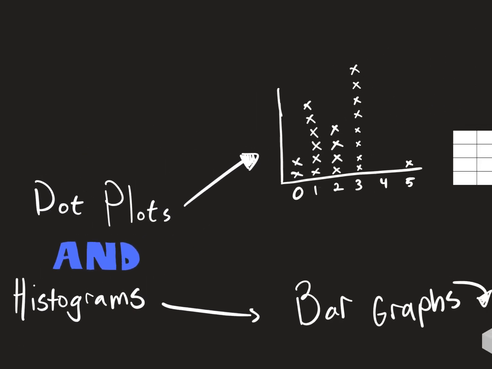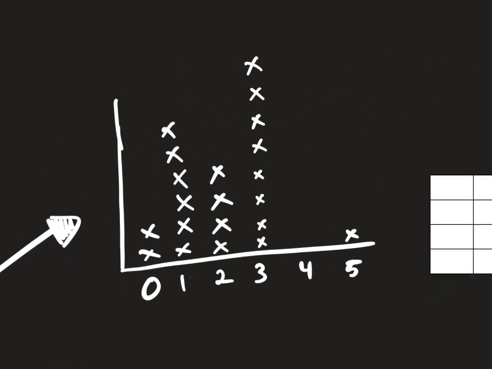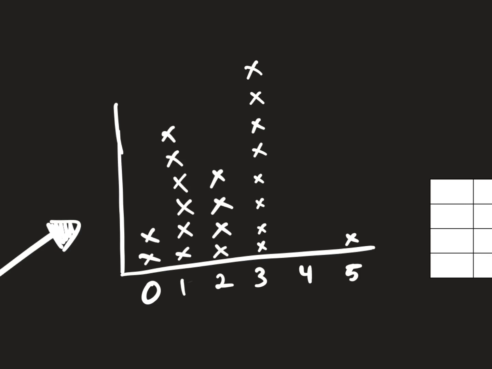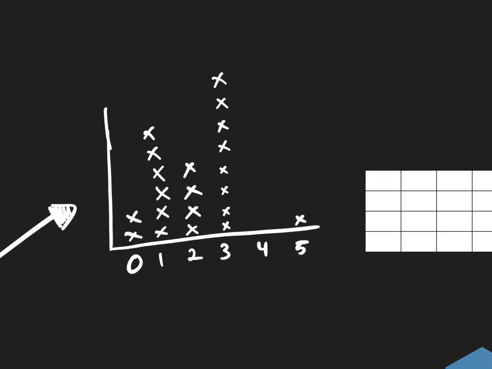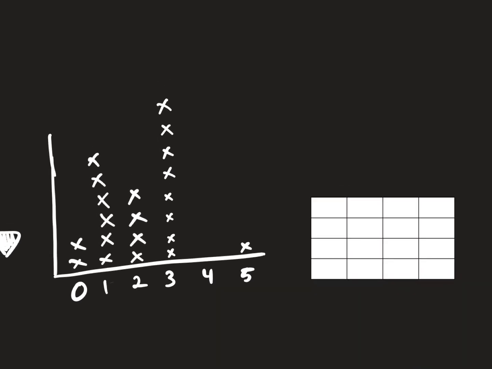So dot plots are like frequencies where we have a set of numbers in a table, or they could just be listed out like 1, 5, 3, 2, 0, 3, right? And we would just plot how many times there are.